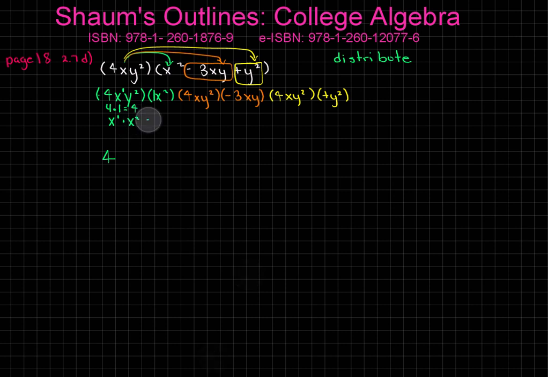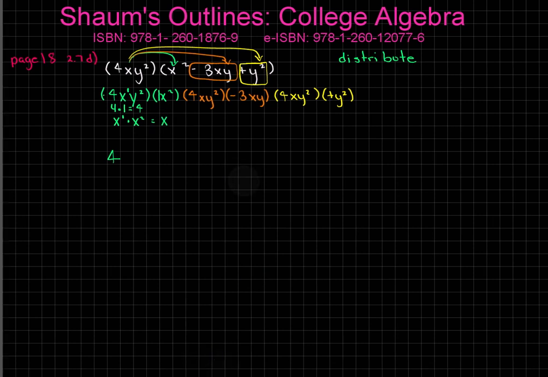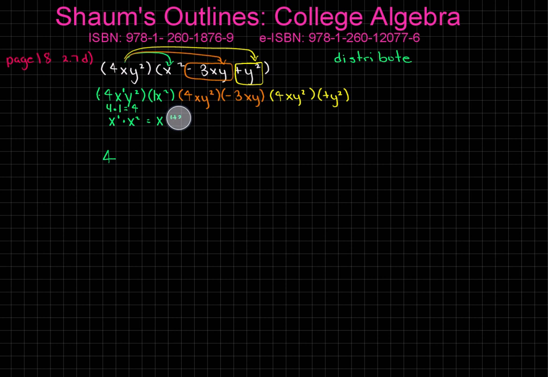And when we multiply exponent letters like this, we keep the letter, but then we add the numbers. 1 plus 2 equals 3. So I have x to the 3. And then I don't have anything to do with my y squared because there's no other green y. So I'm going to go y squared.